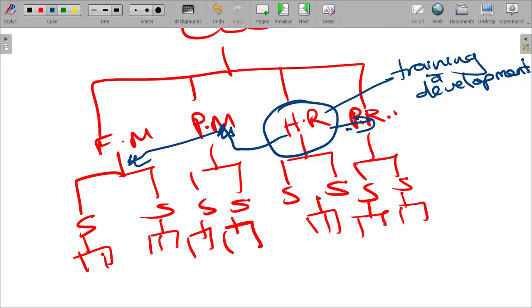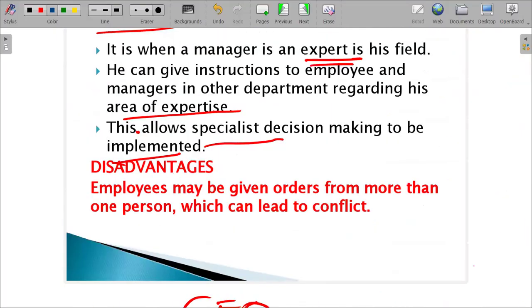He can also give training instructions to different departments. He can give training instructions to the production department, to the finance department, and to the public relations department, because he's an expert. So he can give instructions to employees and managers in other departments regarding his field of expertise, right? So this can allow specialist decisions to be implemented.